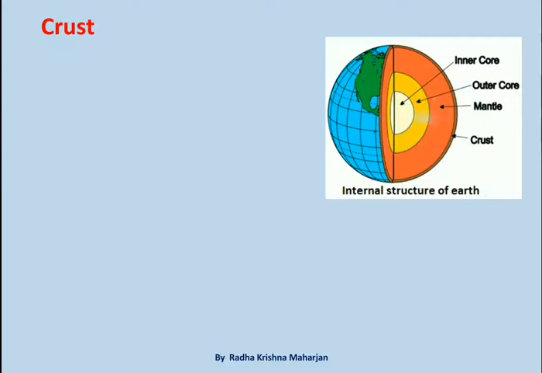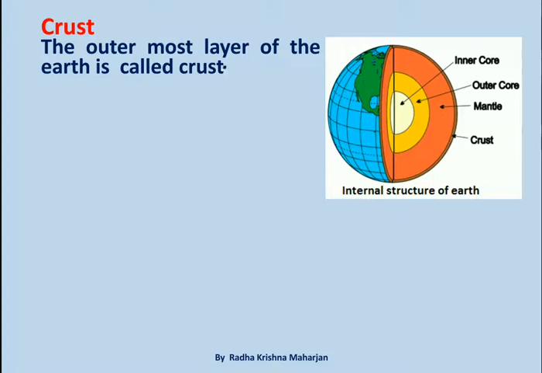Crust. The outermost layer of the earth is called crust. Its thickness is up to 50 km.